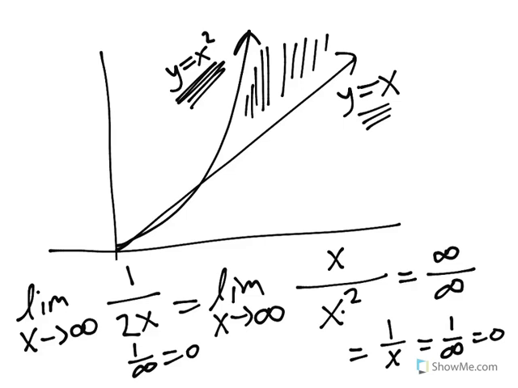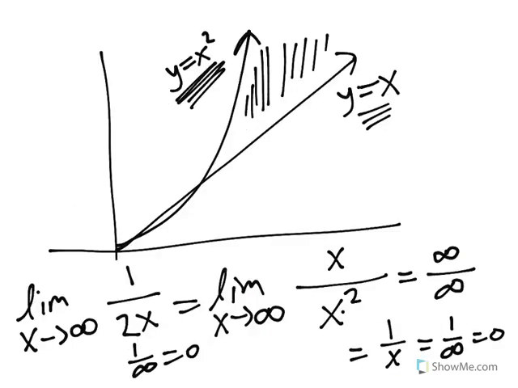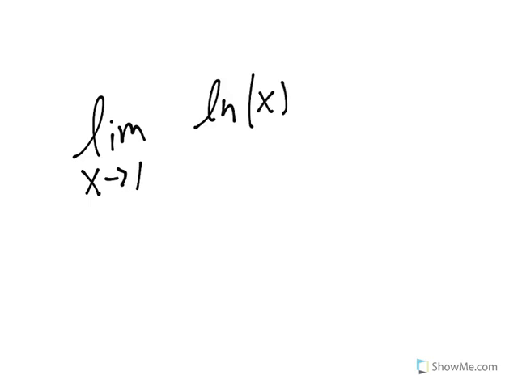But you don't need to just be talking about x going to infinity. It could be x going to a specific value a. So let's look at the function we started out with at the beginning: the limit as x goes to 1 of the natural log of x divided by x minus 1.